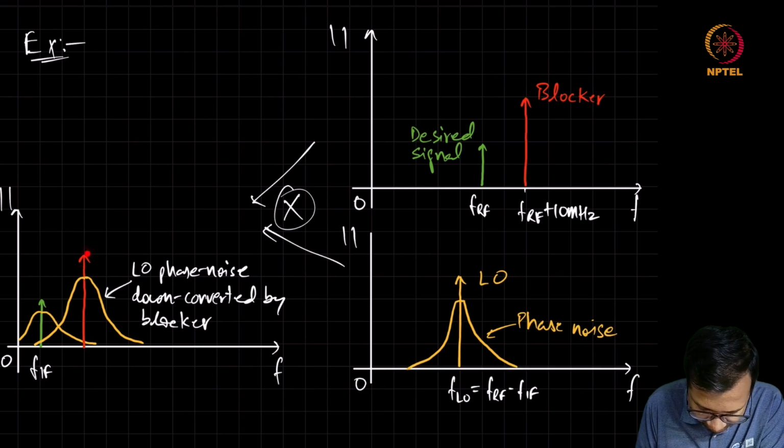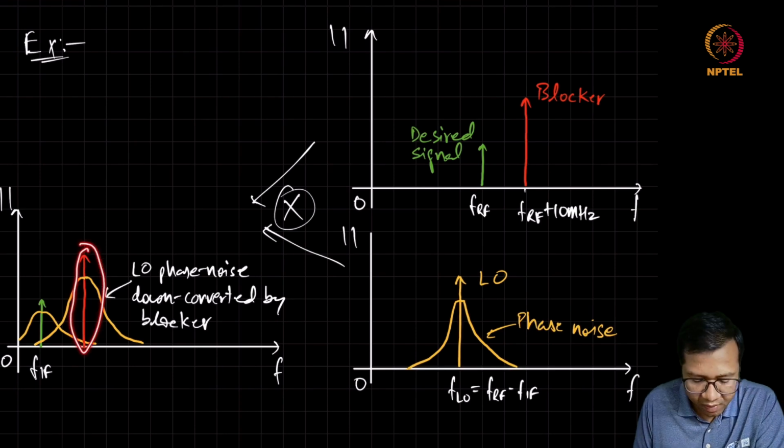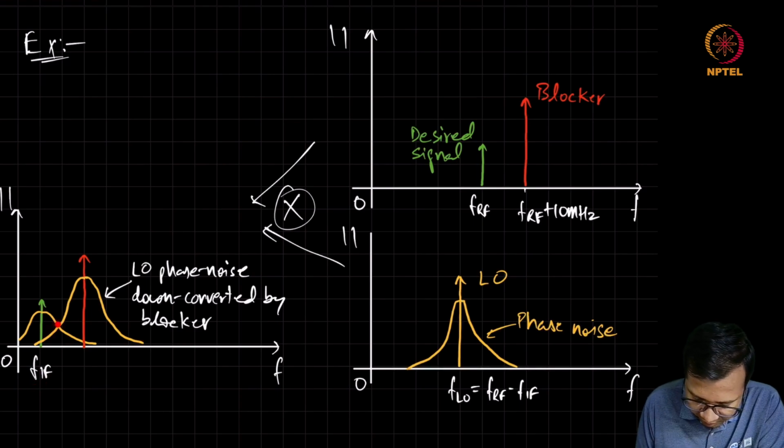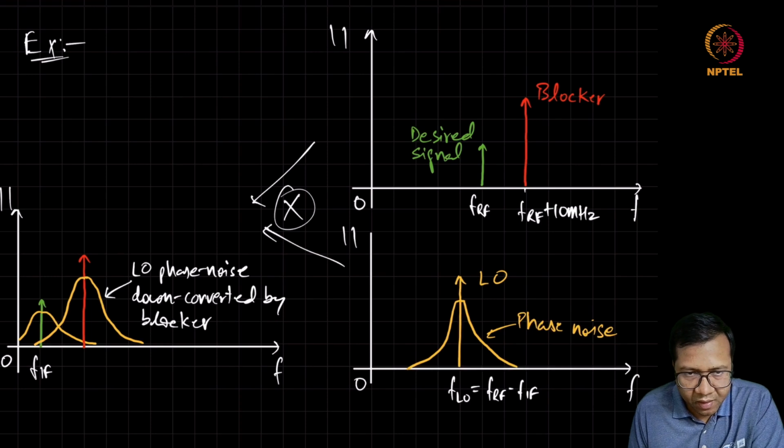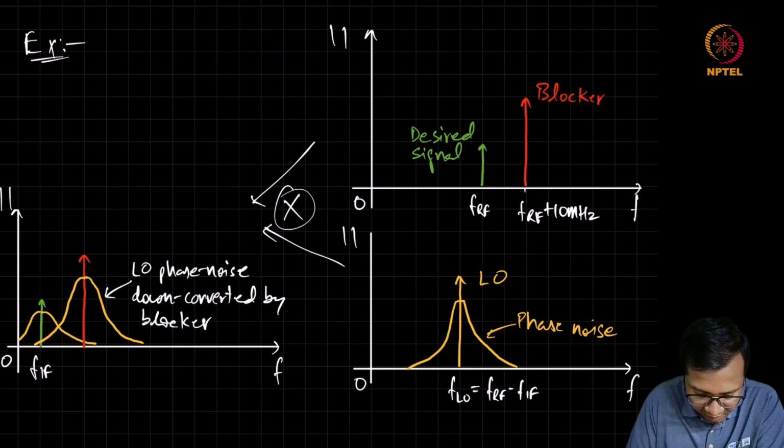We can see that even though this blocker may not be directly appearing at the FIF frequency, because of this phase noise in the LO there will be some extra noise which will appear at the FIF because of this down conversion of the LO phase noise by the blocker. And this noise which is appearing at the FIF because of the blocker is going to degrade the SNR of the desired signal.